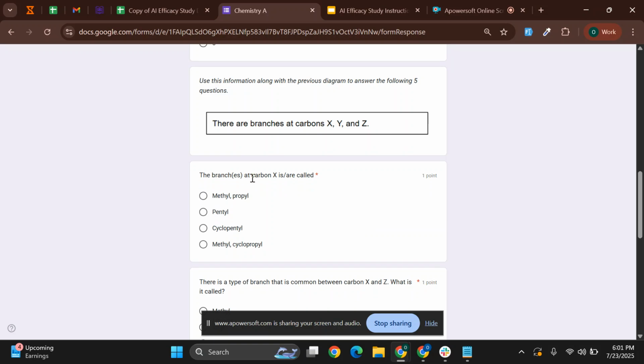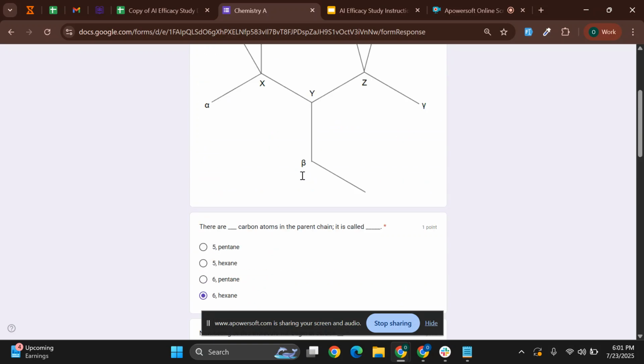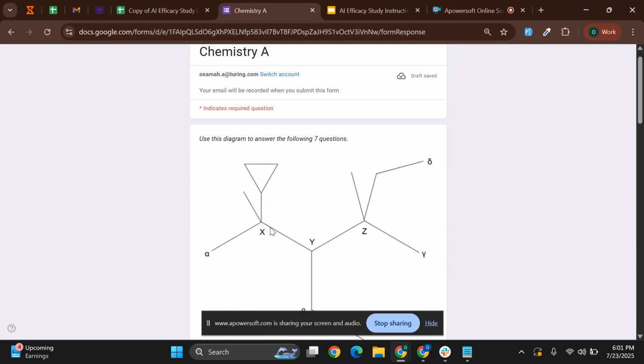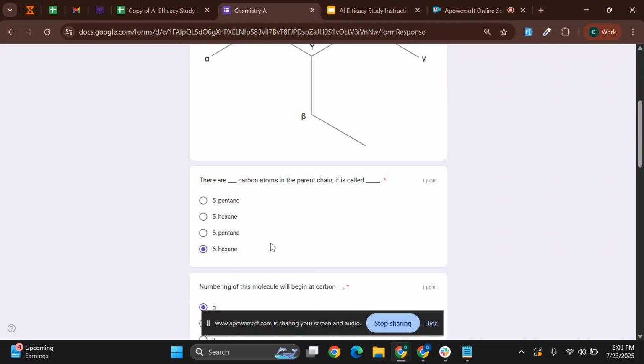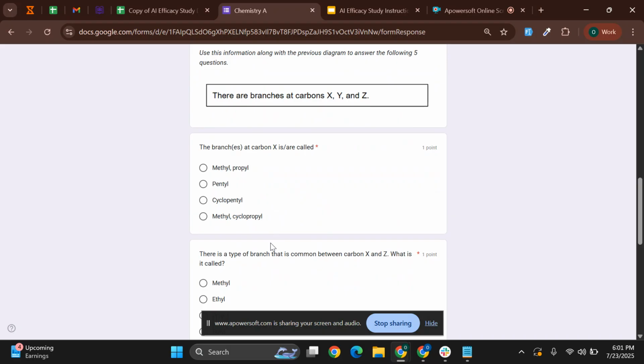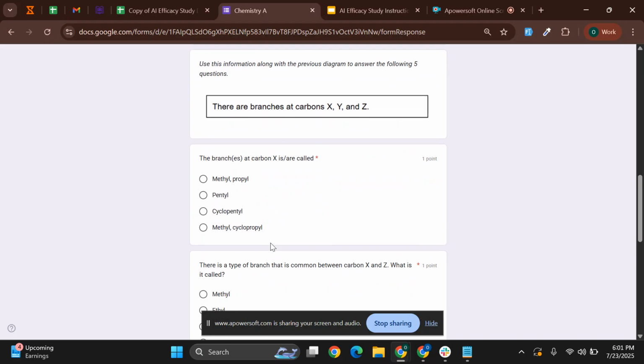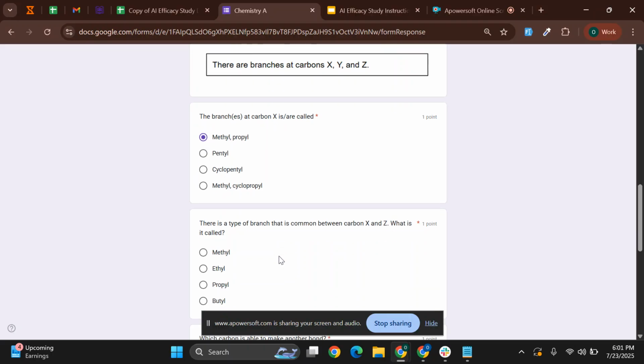The branches at carbon X is called... X has one, two, three, four branches. So we can say that it's... this is not, I think it's methyl propyl.